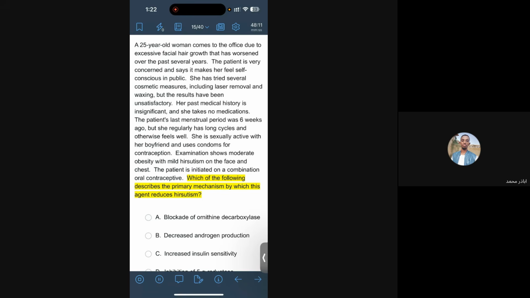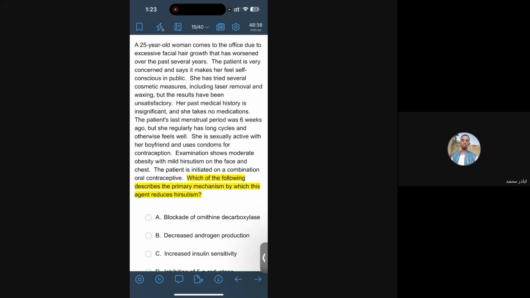A 25-year-old woman has facial hair growth that has worsened over the past several years. The patient is very concerned. It makes her feel self-conscious in public. She tried several cosmetic measures, including laser removal and waxing, but the results have been unsatisfactory. Past medical history is insignificant, takes no medication. Last menstrual period was 6 weeks ago, and she regularly has long cycles and feels otherwise well.